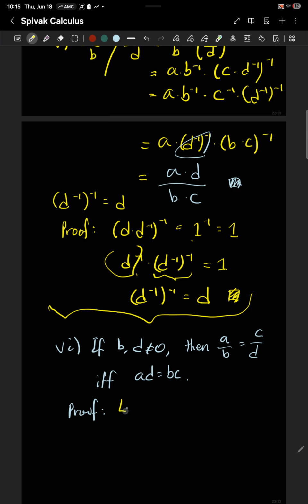Suppose A over B is equal to C over D, then A times B inverse is equal to C times D inverse. All right, let's do this.